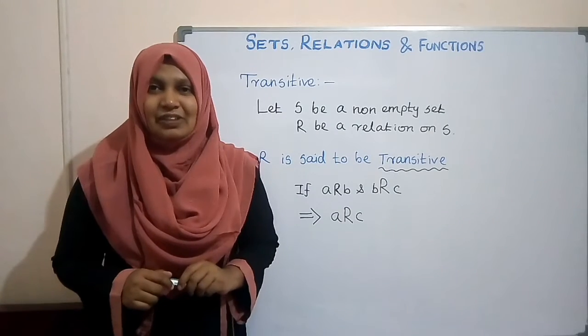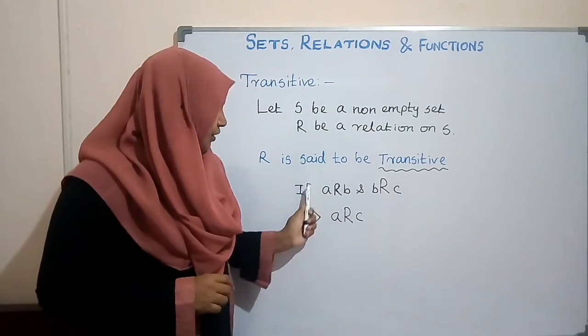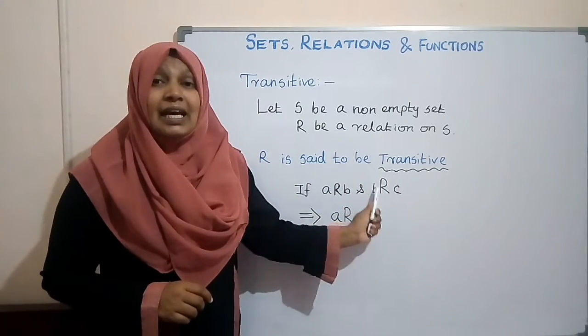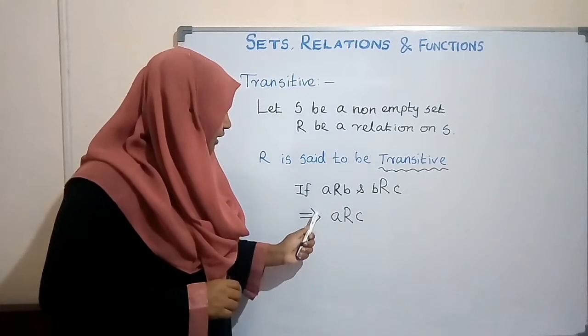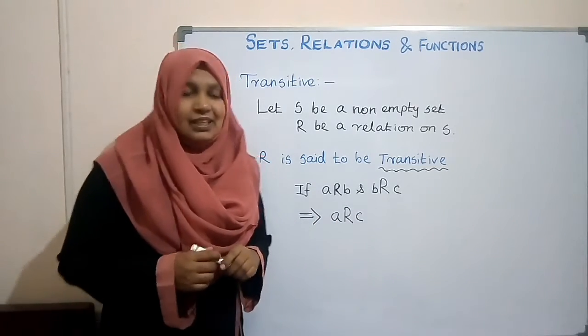This is the transitive relation. See, R is said to be transitive if A related to B and B related to C implies A related to C. See, what is the meaning here?